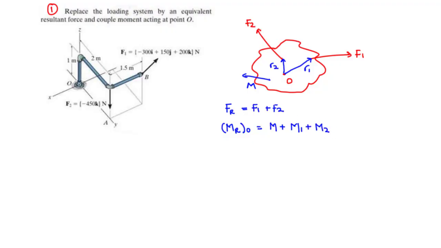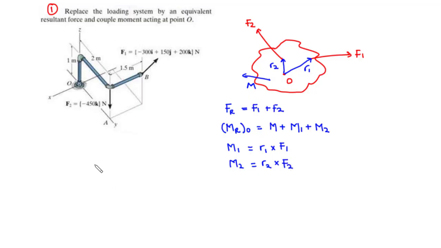Now, M1 and M2 are the couple moments as a result of the forces F1 and F2. To find M1 and M2, we say that M1 is equal to the cross product of R1 and F1, and M2 is the cross product of R2 and F2.